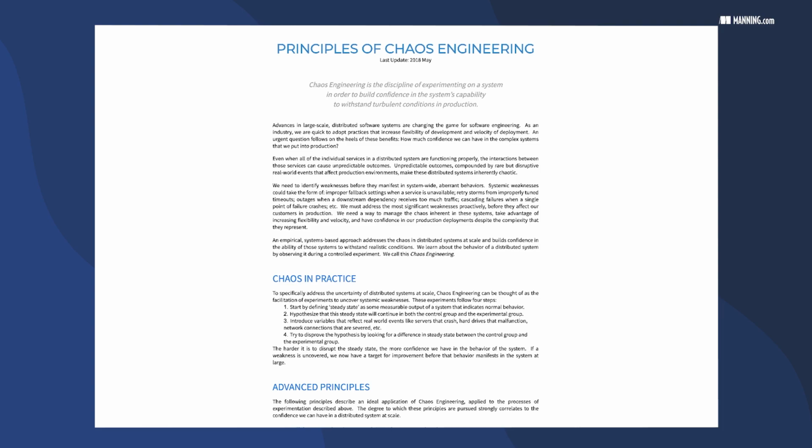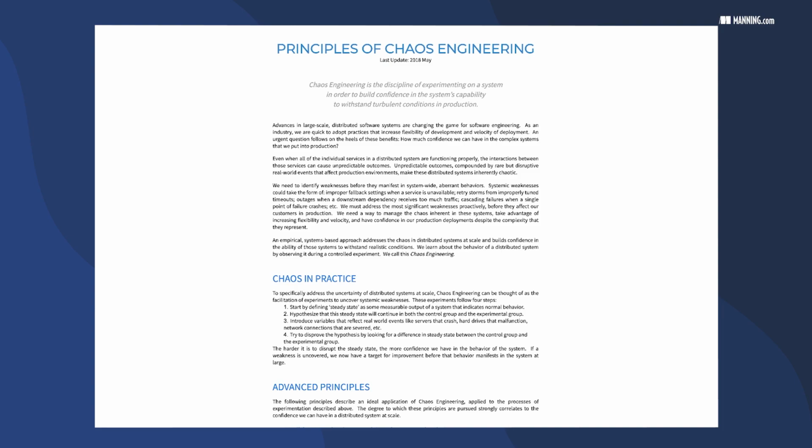Chaos engineering is the discipline of experimenting on a system in order to build confidence in the system's capability to withstand turbulent conditions in production. Note that if you just google chaos engineering, one of the first things that you're going to see are breaking things on purpose or breaking things in production.